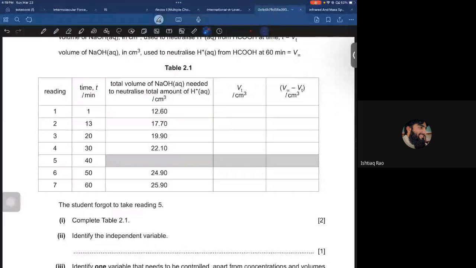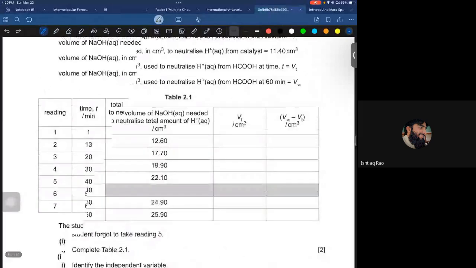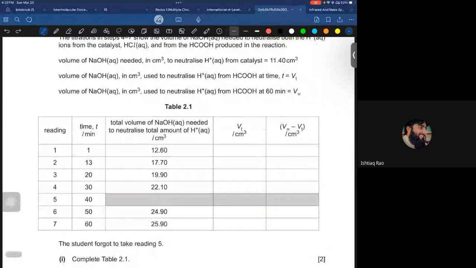So what I would be doing, this is your total volume of NaOH needed to neutralize the total amount of H+, that is 12.60 cm³. This is not Vt; Vt is the volume used to neutralize H+ from methanoic acid. Total amount of H+ means that it is coming from HCl as well as from methanoic acid. So this is the total volume.